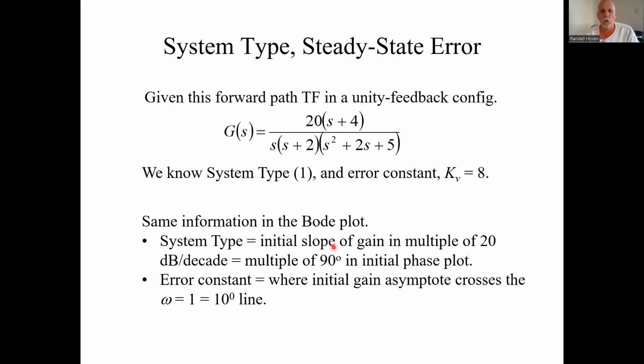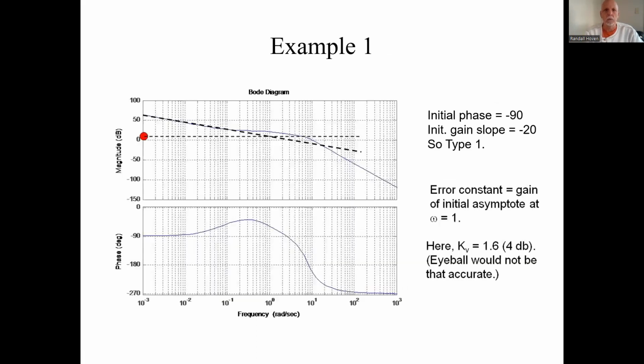So by looking at those things, we can know the system type. We'll know the power of S in this denominator. And then the KV, the K naught on the Bode plot, remember when we did that? It was calculated the same way you calculate the error constant. So if we look at the graph and determine what that K naught is, we can determine what the error constant is. We'll do a couple of quick examples.